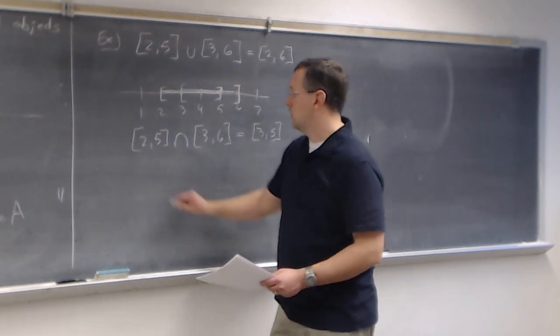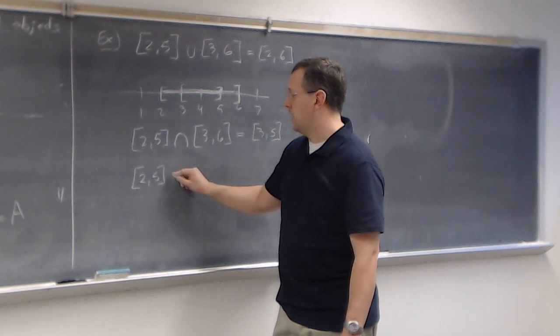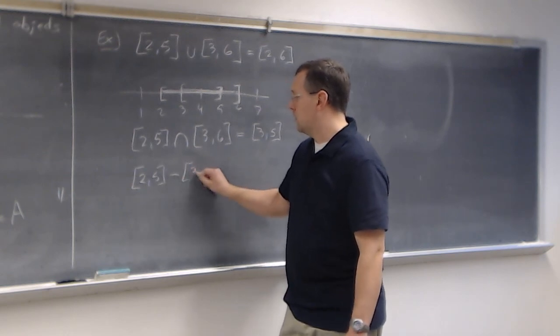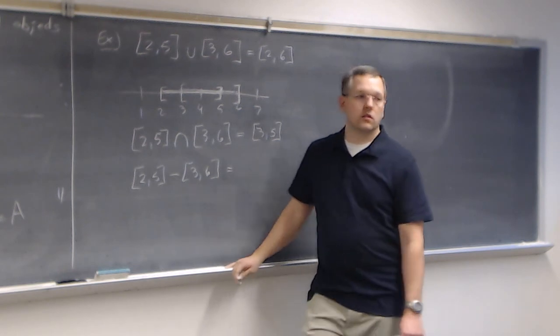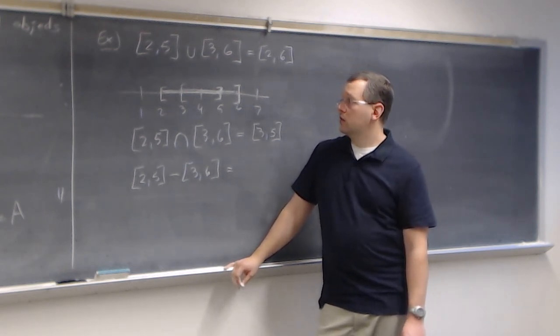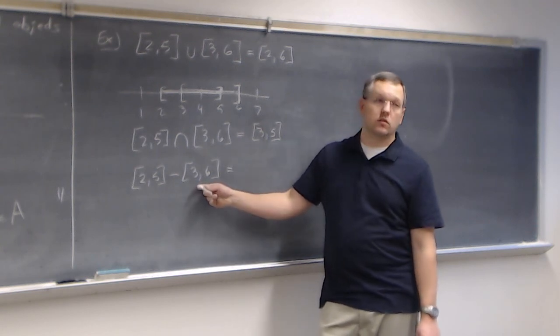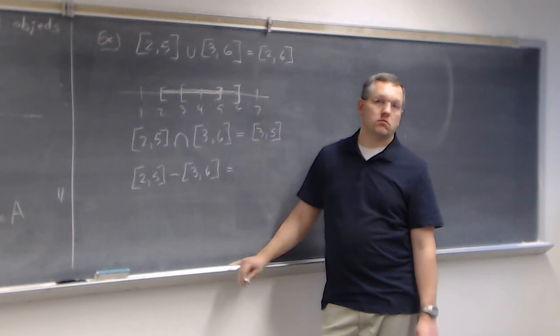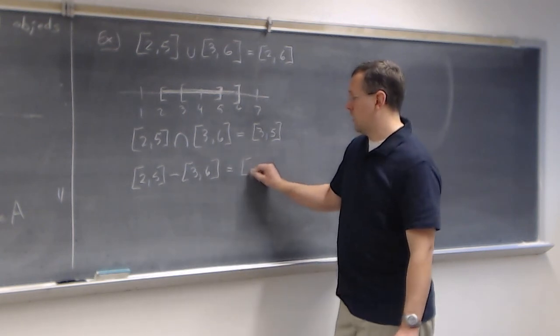What if I did an interval from 2 to 5 minus an interval from 3 to 6? So start with 2 to 5, and then take out any number that's also in this interval. Bracket 2.